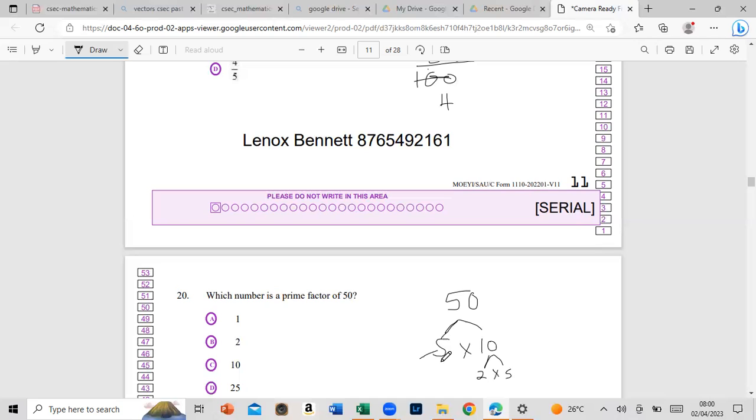So the prime factorization of 50 would be 2 times 5 times 5. So multiply that and see if we get the correct answer, which is 50. And all of these are prime numbers. Remember, 2 is the only even number that is prime. So the prime factorization of 50 would be 2 by 5 by 5, right? So it has to be either 2 or 5. No, only 2 is there as an option.